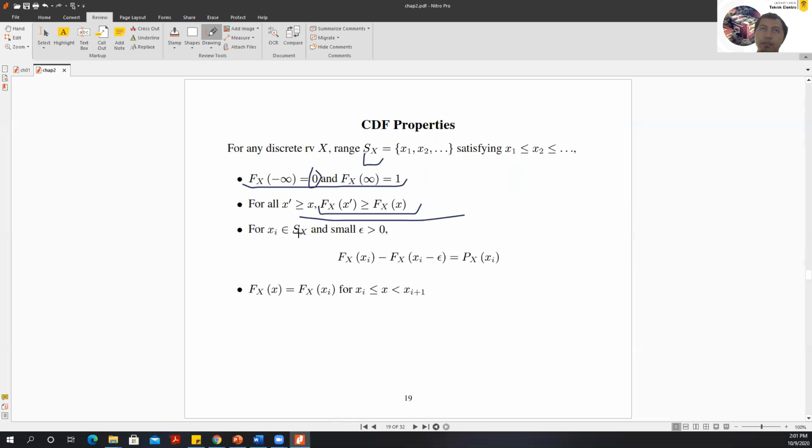For x a member of the range and a very small a greater than 0, F(x) minus F(x minus a) is equal to the probability of x.